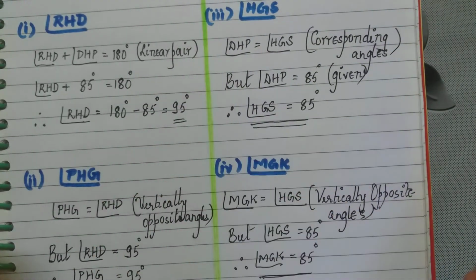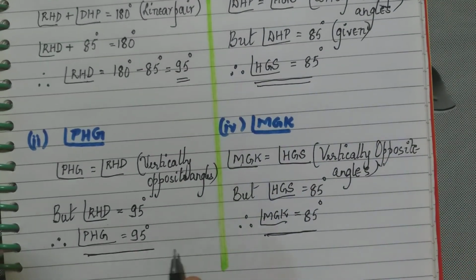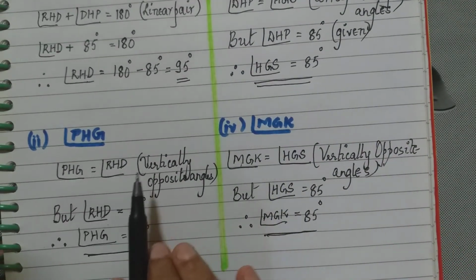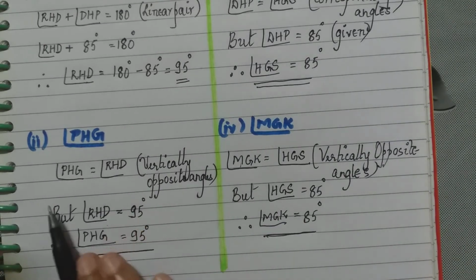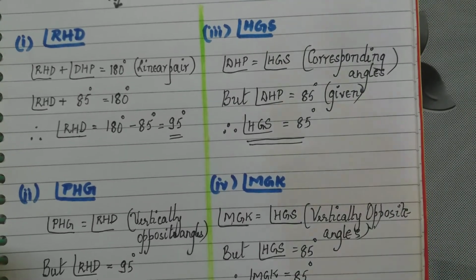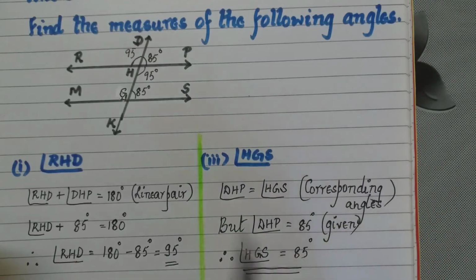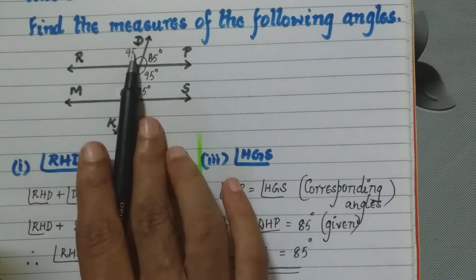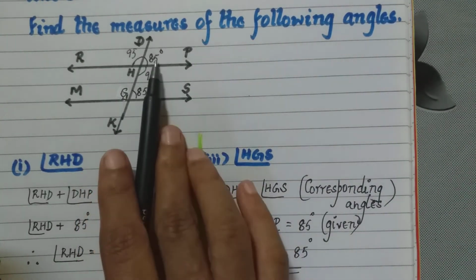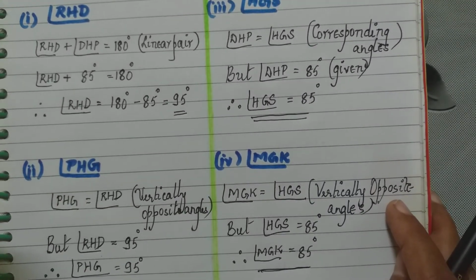The reason is that it forms a linear pair with angle DHP. Angle PHG is 95 degrees because it is vertically opposite to angle RHD. Angle HGS is 85 degrees because they were a pair of corresponding angles on the right hand side of the transversal and both were above the parallel lines.